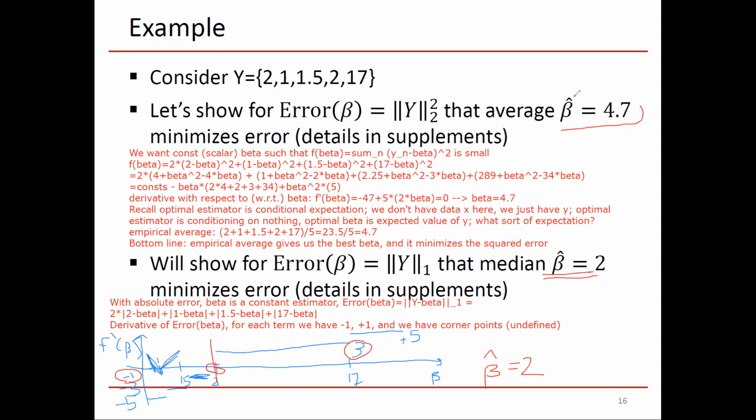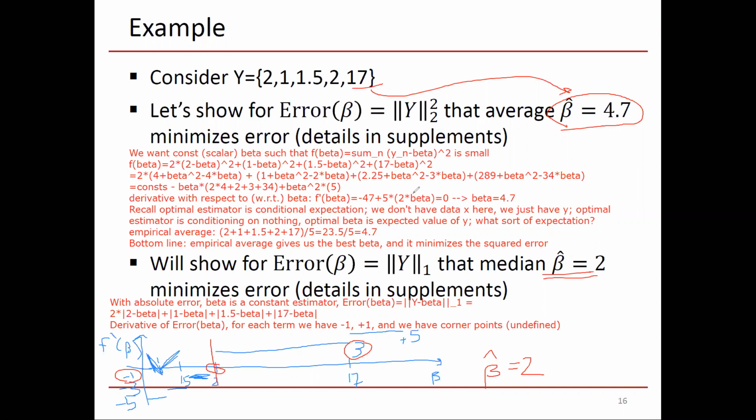Earlier, because of the 17, the empirical average of these 5 numbers was 4.7, which was larger than any of the numbers except for the 17. You have 4 numbers that are clustered between 1 and 2, and all of a sudden a 17, but our estimator is 4.7, way outside the range of 1 to 2. On the other hand, in the second example, the median is 2.